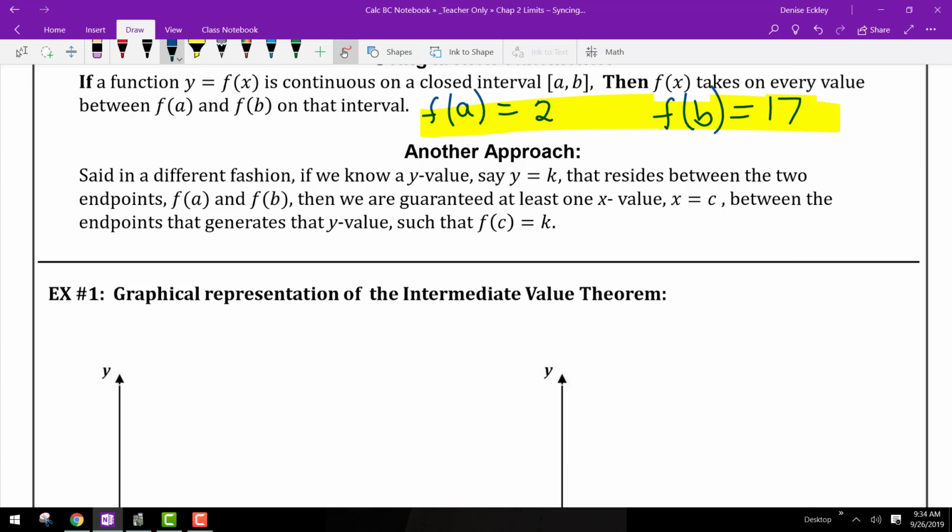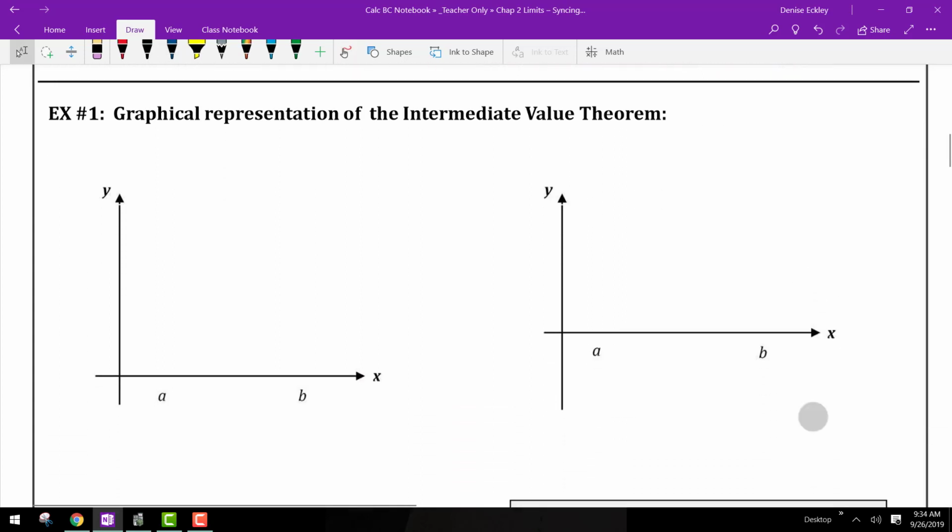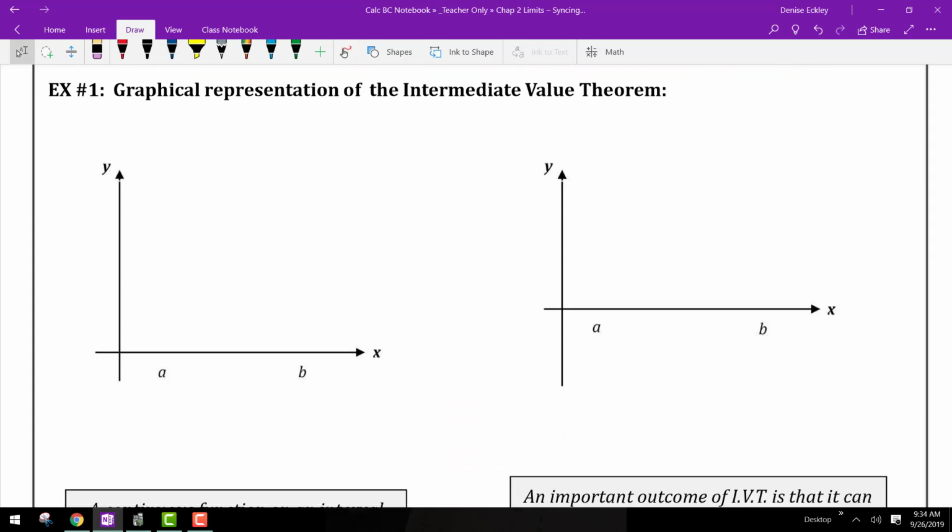So here's what we have. We have two different situations that we talked about. Let's say we have an A here and B is here. We have a point right there, and then let's say B is down here.